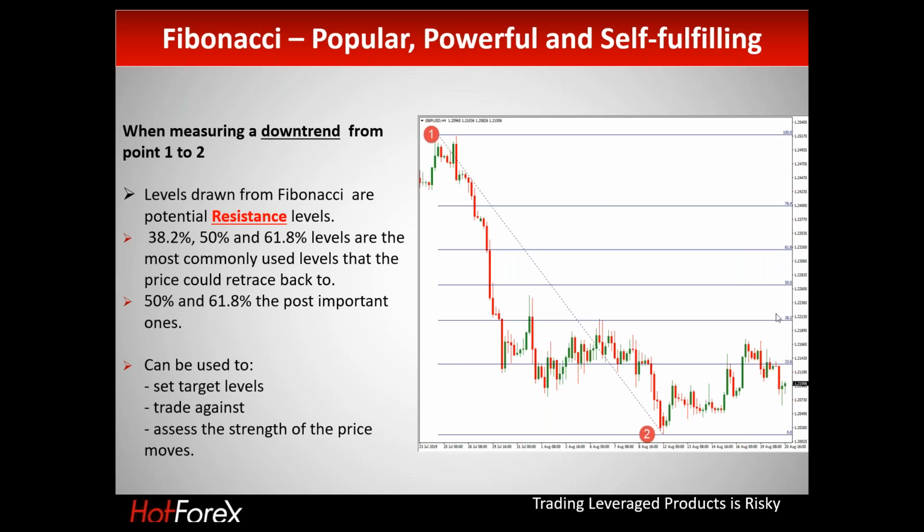The 38.2, the 50%, the 61.8 are the most commonly used levels that the price could retrace back to. So in the chart over here, you can see that it hasn't yet managed to breach these levels. It's at 63.6, so it hasn't really given us anything significant. But let's see the next one.